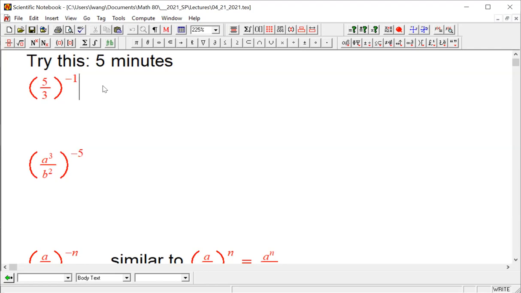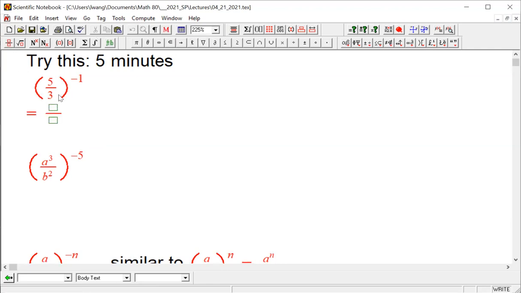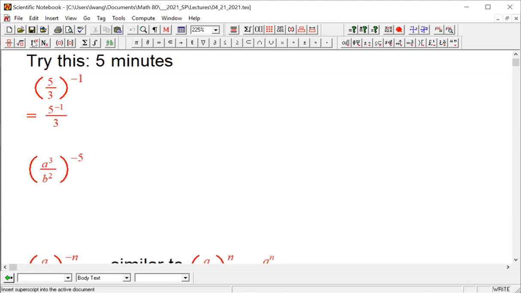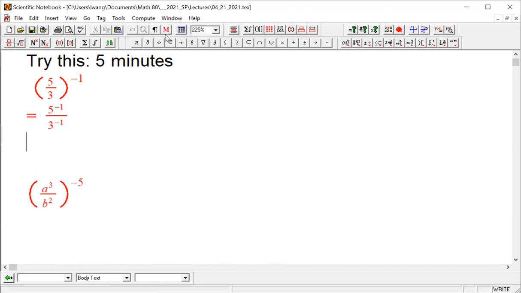So here you're going to have 5 to the power -1. This is not the only way to do it, really. 3 to the power -1. And the negative sign just flips up and down. So you're going to have 3/5.